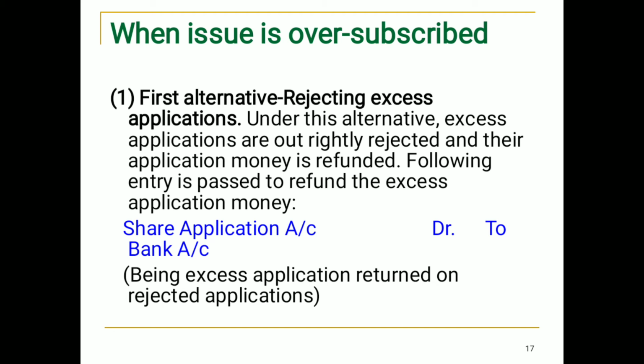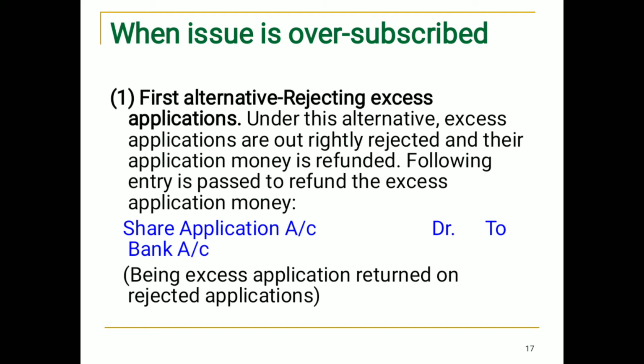Alright. So let us read this in detail. Under this alternative, excess applications are outrightly rejected and their application money is refunded. That means the people who have applied for the shares, the extra, I will reject their application.